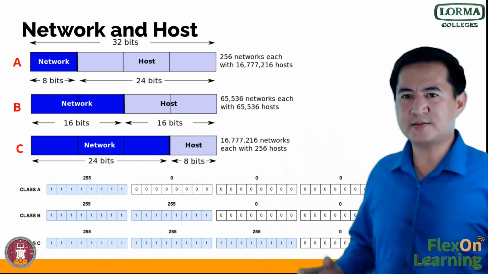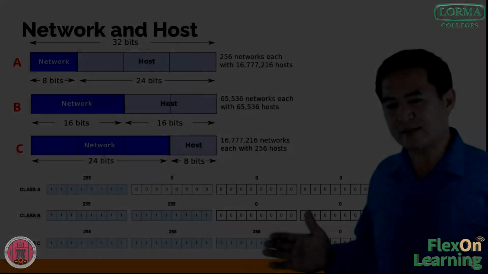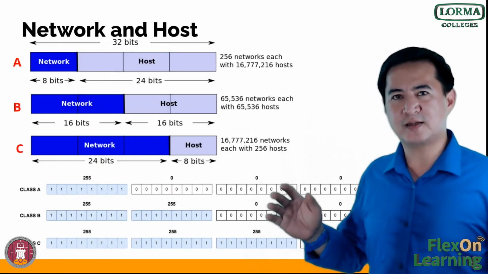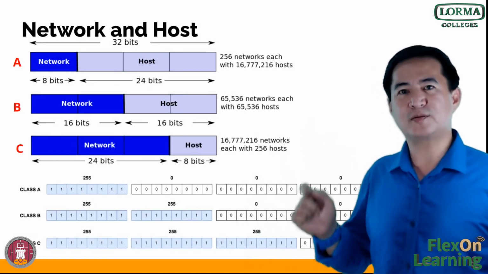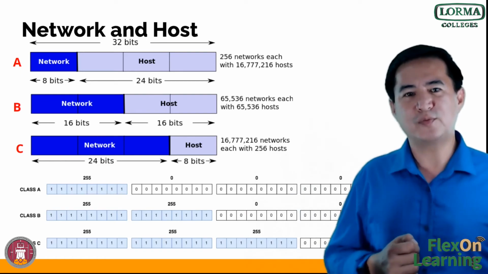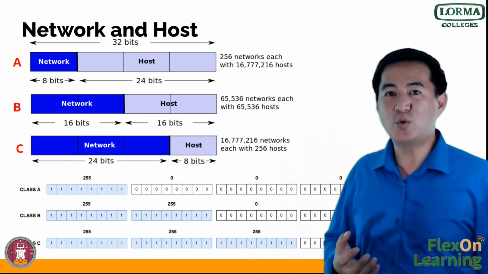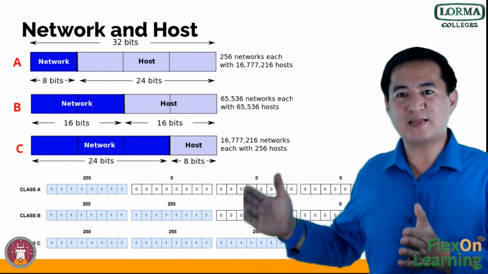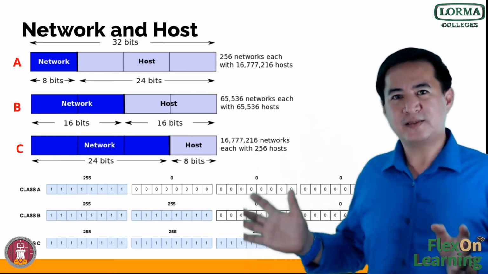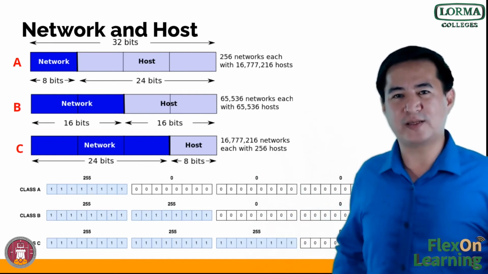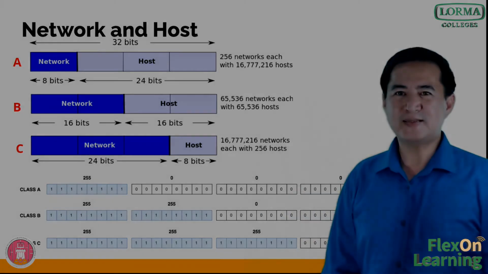And in class C, you have 3 octets, which is 24 bits. So that's 2 raised to 24. That will give you 16,777,216 networks all in all. Right?